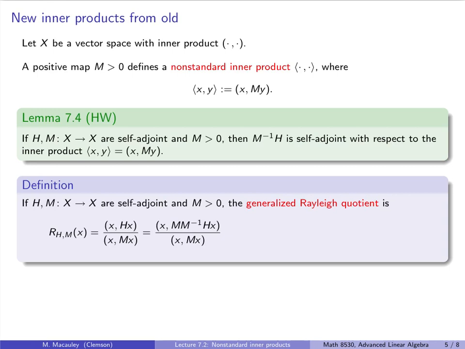If I rewrite this by sticking in an M inverse up here, then I can rewrite this with a non-standard inner product, namely the inner product of X and M inverse HX over the inner product of X with itself, with the non-standard inner product. And this is just the Rayleigh quotient of M inverse H with respect to this inner product. So in other words, the generalized Rayleigh quotient is a standard Rayleigh quotient in a different inner product space.